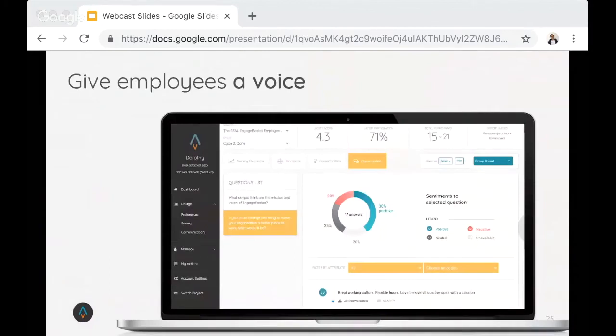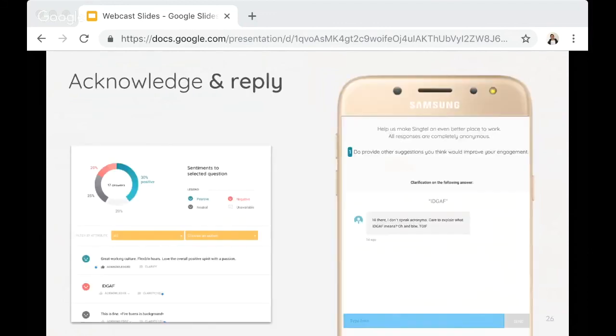So you want to be able to give employees a voice, obviously, such that they can be heard. But then immediately after they have given their feedback, we can either share with them a dashboard, or as a manager, acknowledge, I hear you, just to make them feel that, yes, my feedback didn't go into a black hole, and that my boss has personally acknowledged that they have received this.